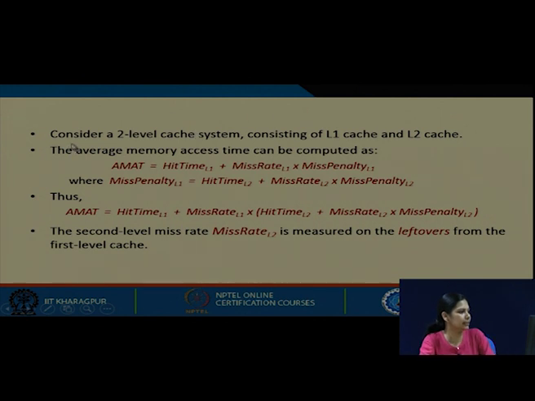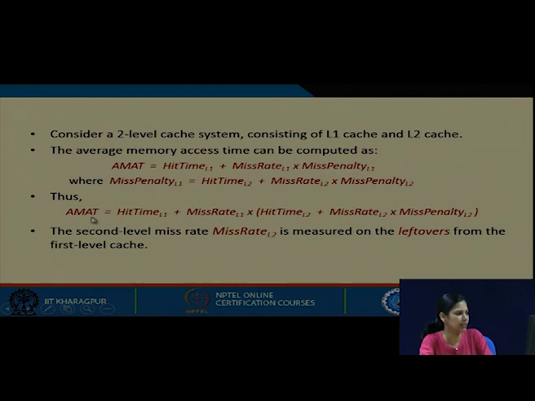So, let us consider this example. Consider a two-level cache system consisting of an L1 cache and an L2 cache. The average memory access time can be computed as hit time of L1 plus miss rate of L1 into miss penalty of L1. Now, what is the miss penalty of L1? Miss penalty of L1 is equivalent to hit time of L2 plus miss rate of L2 into miss penalty of L2.